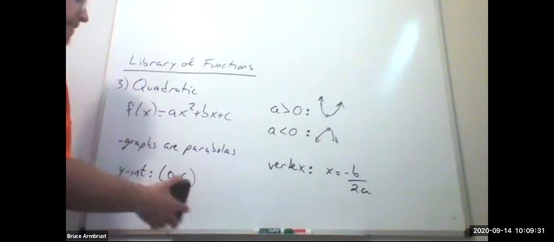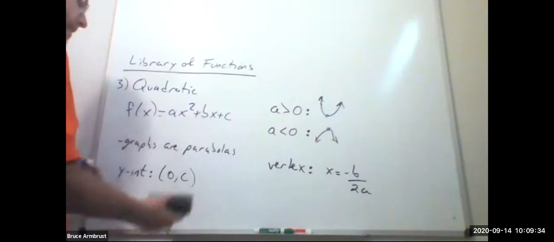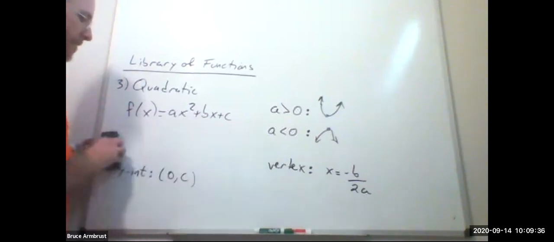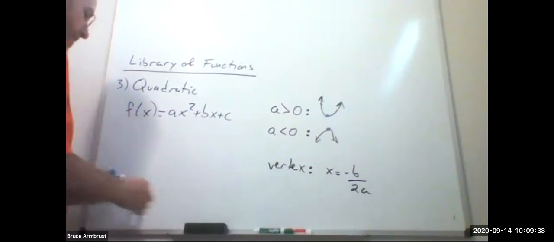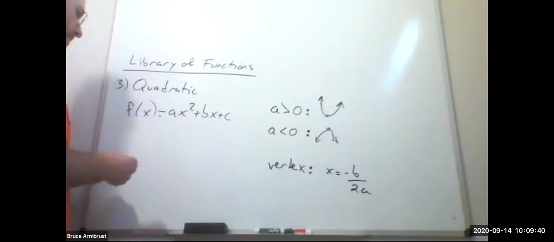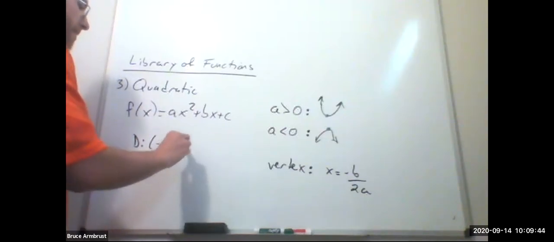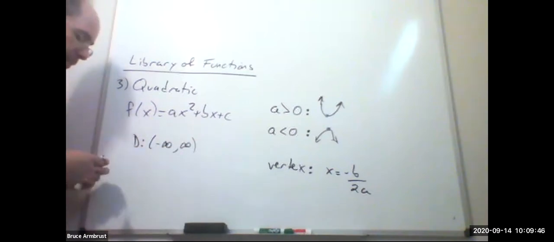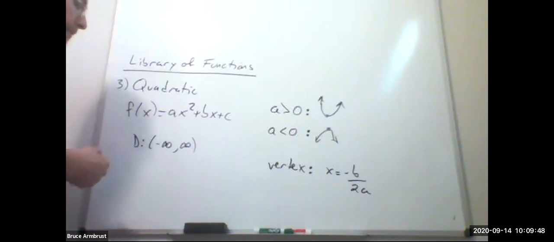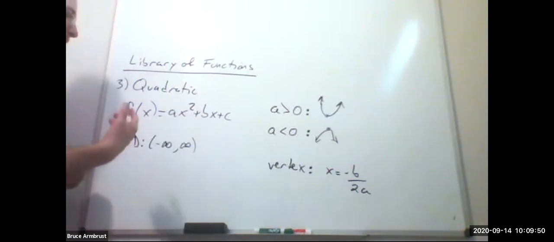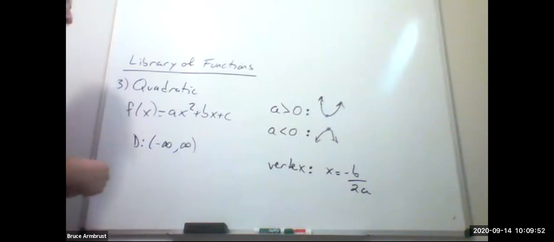So let's just talk real quick about domain, range, all that good stuff. So in terms of its domain, the domain is all real numbers. You can put anything you want into any polynomial or any quadratic. Now, the range is a little bit more difficult.